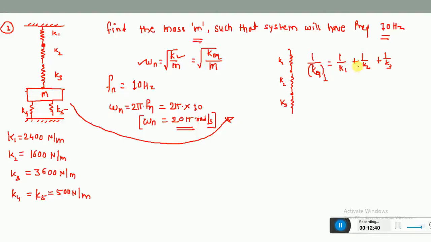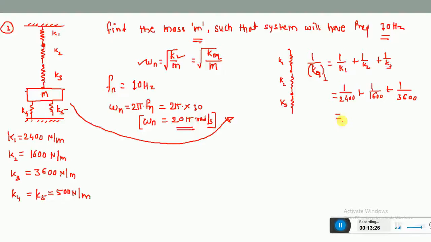So this formula is exactly opposite to the series arrangement of resistances. If resistances are connected in series, we directly add the resistances. But in case of springs, if the springs are connected in series, then we have to add the inverse of each stiffness. So 1 upon K1, 1 upon K2 and 1 upon K3. So these values are given. It is 1 upon 2400, plus 1 upon 1600, plus 1 upon 3600.